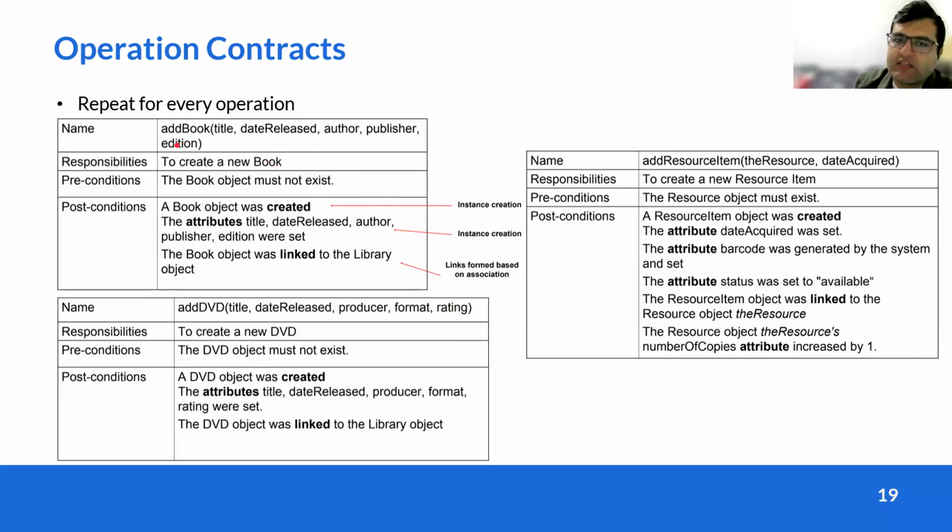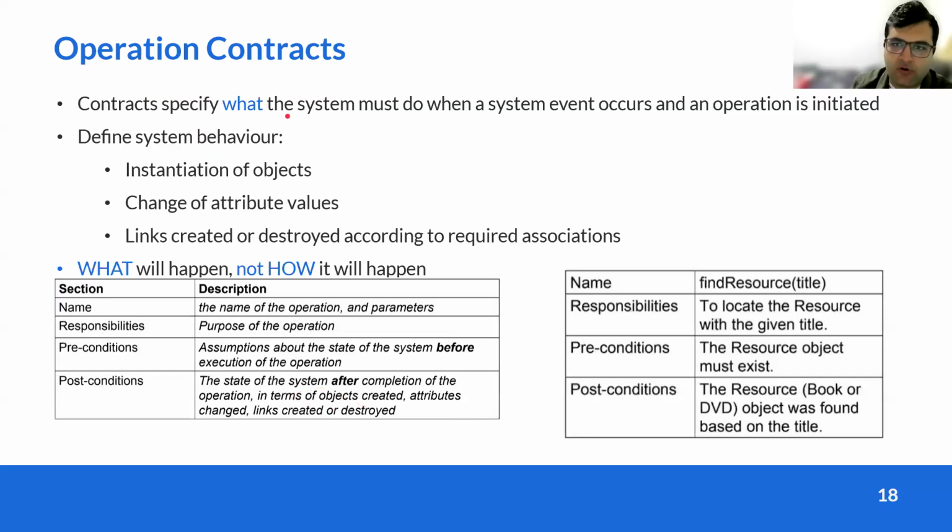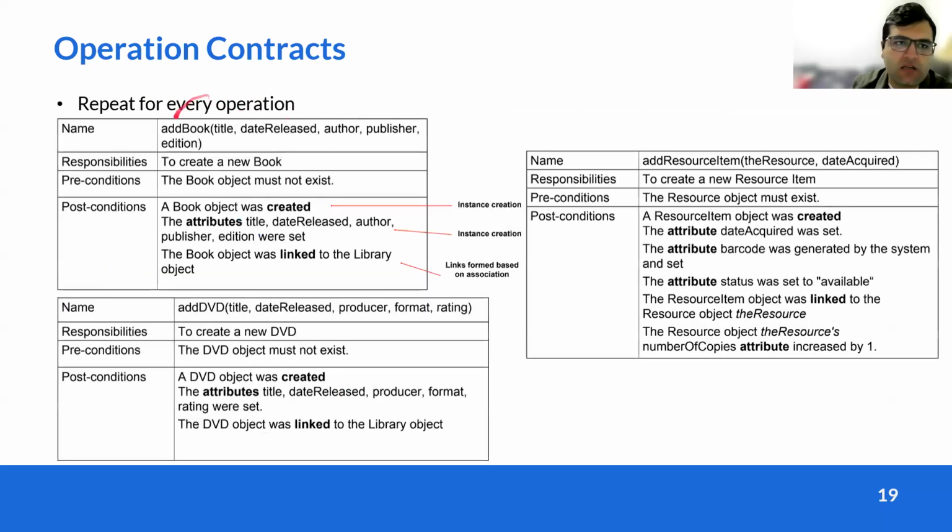Every action that you have in the system sequence diagram, you need to have an operation contract. So we did one for find resource. Now we do one for add book. With these parameters to create a new book, the book object must not exist. You only add a new book if the book doesn't already exist.